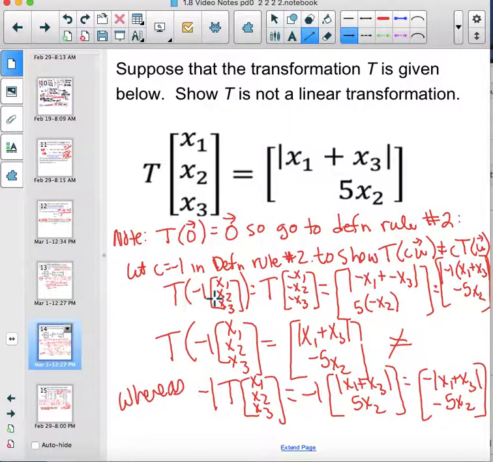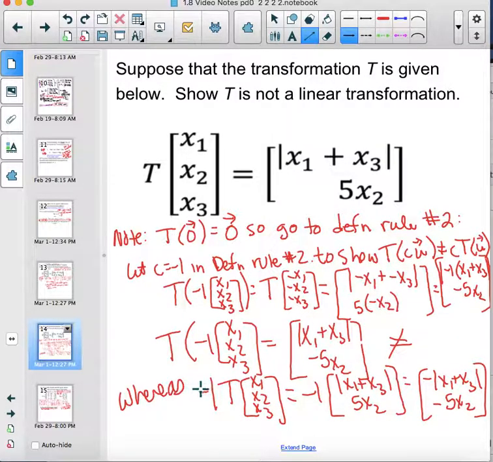So first -1 times all of those things, and then perform the transformation on that. The absolute value of the negatives, you could factor out the -1, absolute value of -1 goes away. It's just absolute value of x1 and x3. However, this does change to a -5x2. So that's T of -1 times the input.